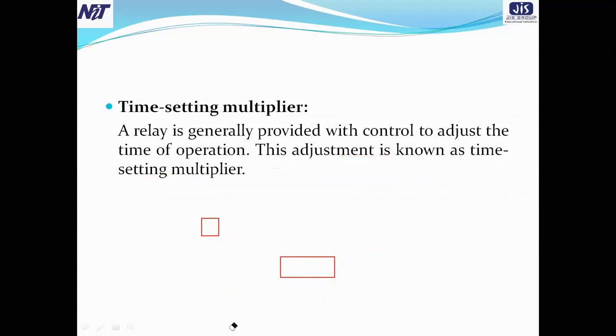Now let me talk about the time setting multiplier. Look, so what is the time setting multiplier? A relay is generally provided with a control to adjust the time of operation. This adjustment is known as the time setting multiplier.